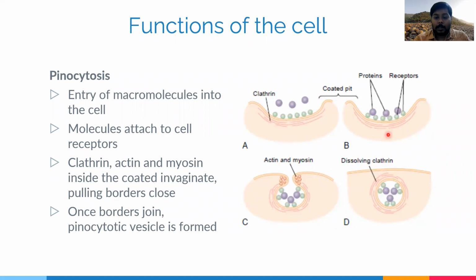So the pit starts folding inside and the border starts to close. Once the borders join together, the clathrin starts dissolving and actin pulls the vesicle away from the cell membrane. And thus we get a pinocytotic vesicle formed, which now has the particular proteins inside the cell.